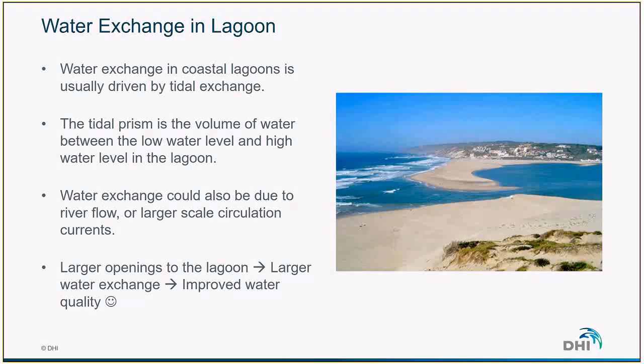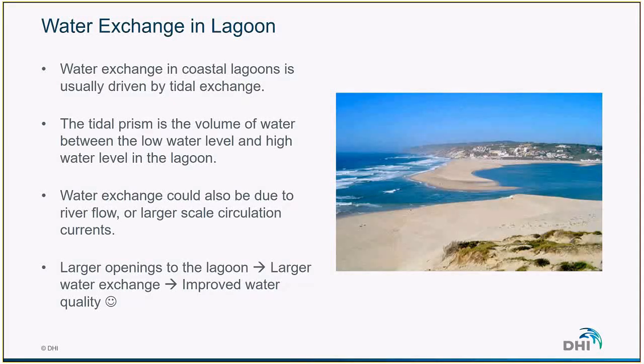With regards to the coastal lagoons, one of the key principles is to maintain a good water quality in the lagoon. And to achieve that, we want to have a good flushing of the water from the lagoon, so it's renewed on a regular basis. Usually the water exchange in the coastal lagoon is driven by the tide.